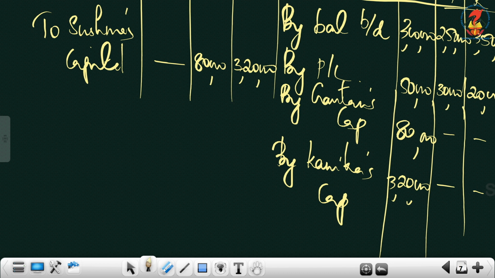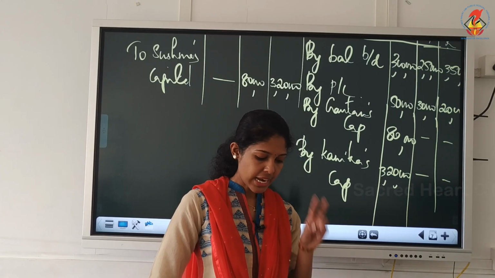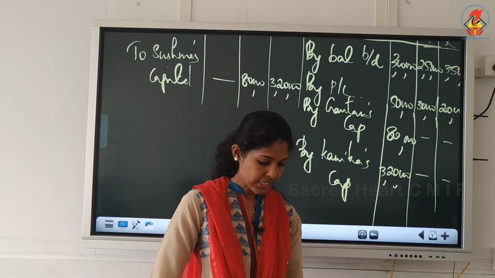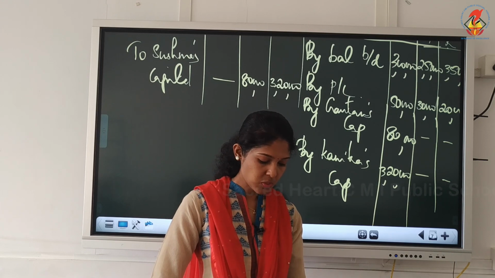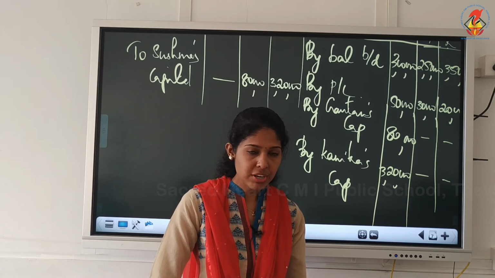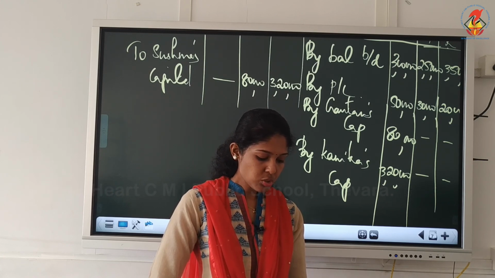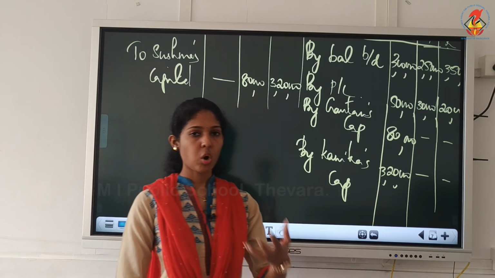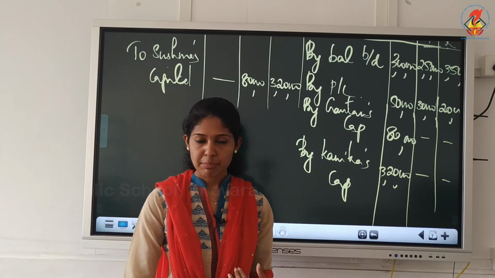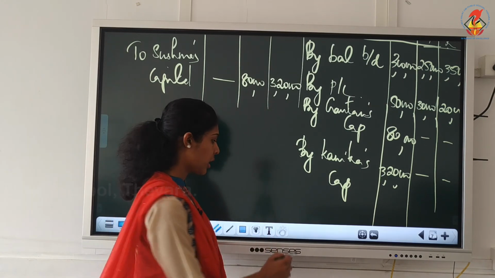Is there any other adjustment? Yes, there is adjustment number 3, that is along with stock there is one adjustment. So always read each and every word of your question, otherwise you will miss out this particular adjustment. Sushma took over the stock at this value. So what is the journal entry? Partners capital account debit to stock account.